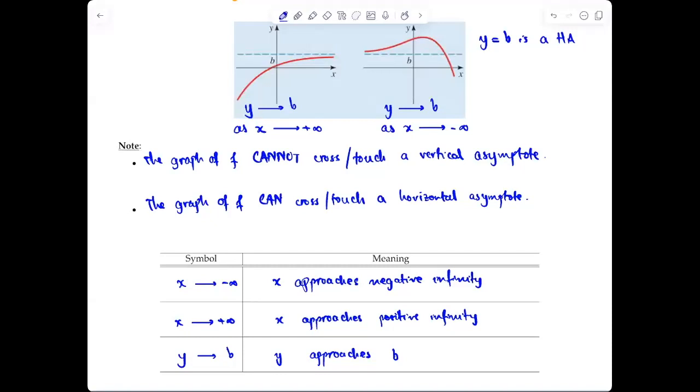But why is that? There you go. Remember how to find a vertical asymptote. Most of the time, whatever value you exclude from the domain is going to be the vertical asymptote. And because it is excluded from the domain, the graph of the function cannot cross it. Got it? All right.